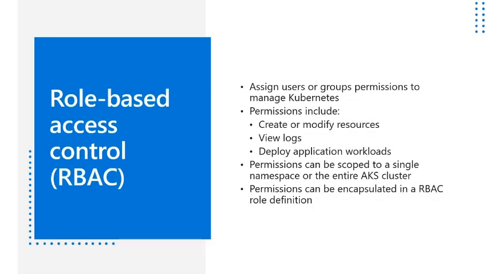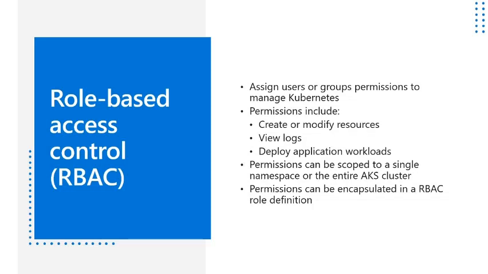Permissions can be scoped to a single namespace or the entire AKS cluster. And permissions can be encapsulated in role-based access role definitions to provide granular filtering of the actions that users can perform.